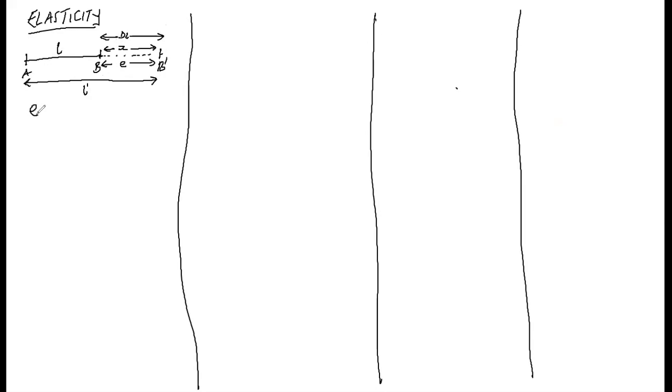Extension would be the new length, L prime, minus the original length. Sometimes some books call the original length L naught. So it can be L prime minus L naught. This will give you our extension, which is e, x, or delta L, depending on the book you're using. So one should be in a position to know that.